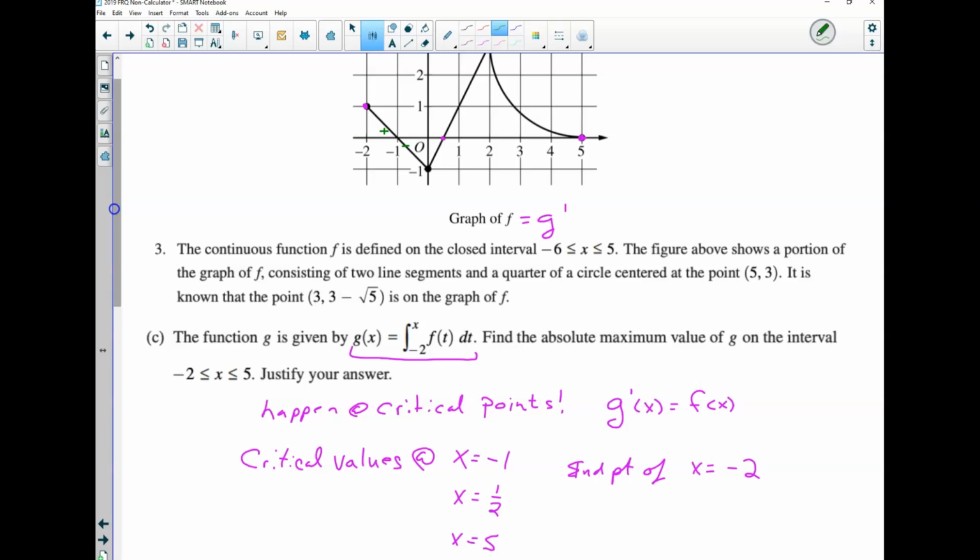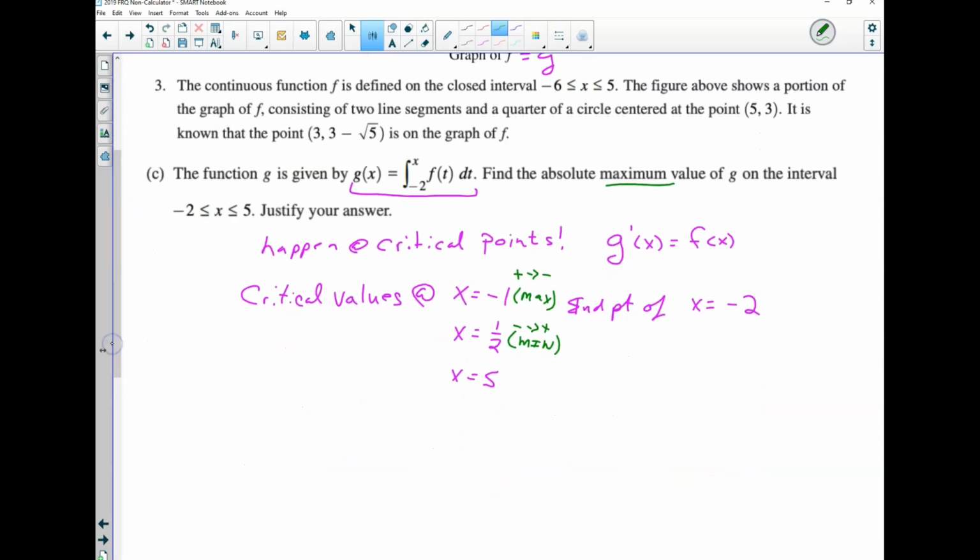So that is a potential maximum. And that's a max because I went from positive to negative. At a half, I went negative to positive. So that's going to be a minimum because I went negative to positive. And x equals 5 is an endpoint. And this is an endpoint. And I'm looking for my absolutes.